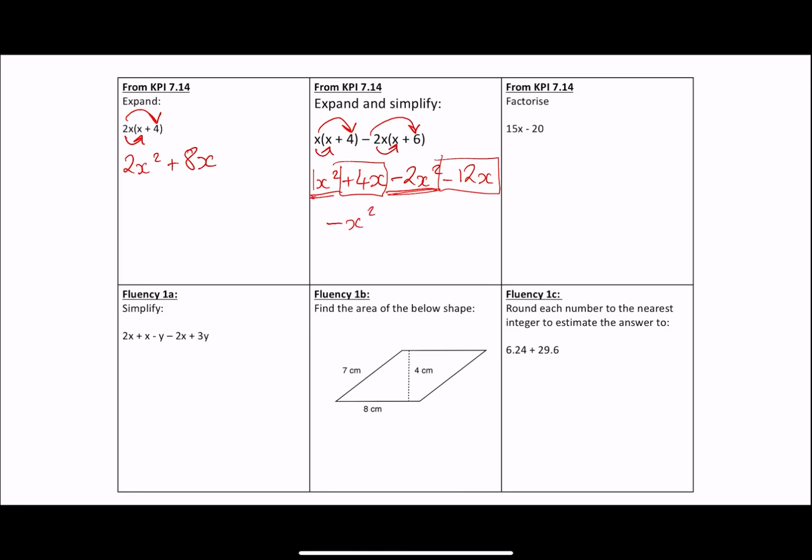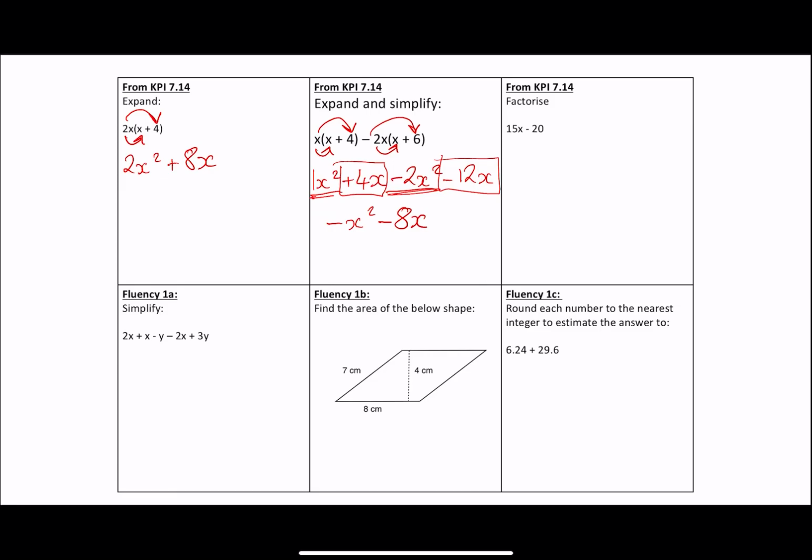Remember, we don't put the 1 in there. Then positive 4x take away 12x. If I'm at positive 4 and I take away 12, if you think about start, direction, distance, I'm going to end up at minus 8x. Those are not like terms because of the squared variable, so we cannot simplify any further than that.